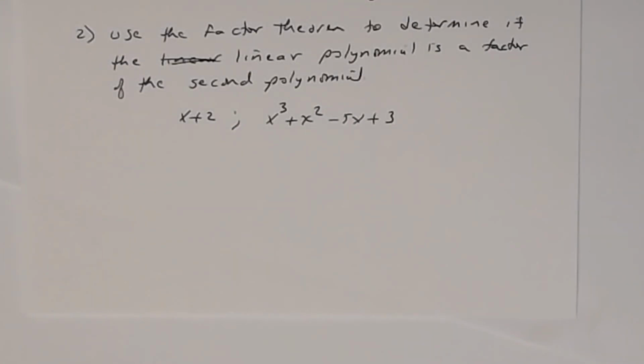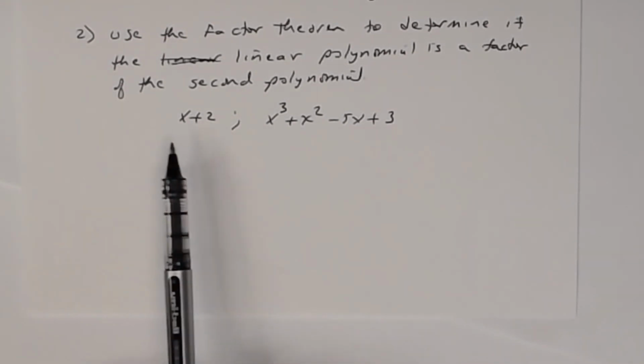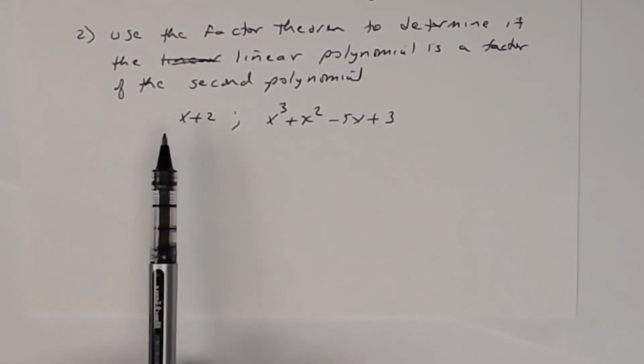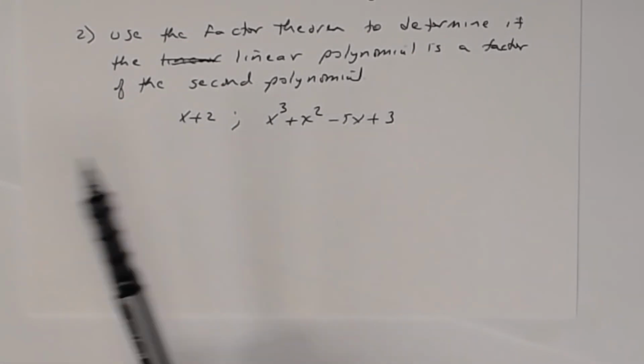All right, now number 2, the directions say it this way. Sometimes the directions will be a little bit different than other directions, but they mean the same thing. So number 2, use the factor theorem to determine if the linear polynomial, and the coefficient of x is 1, is a factor of the second polynomial.